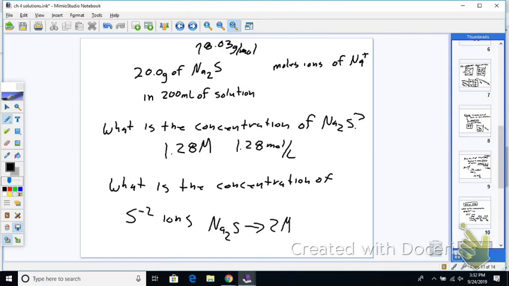You get 2 sodium ions for every 1 sulfide ion. So you have 1.28 molarity of the S2-. Can anybody tell me what the concentration of sodium ions would be? Yeah, 2.6 rounded up. So sodium ions would be 2.6 molarity.